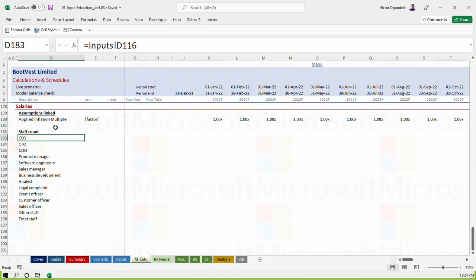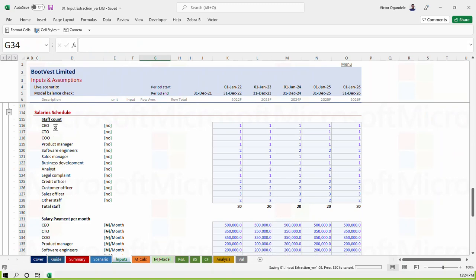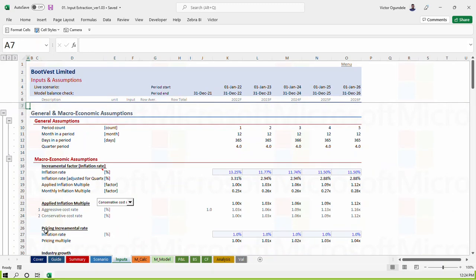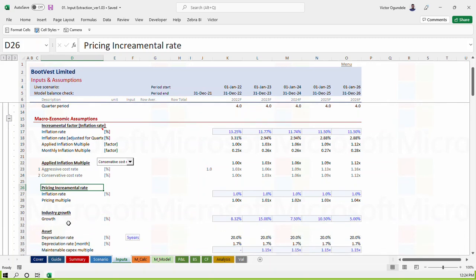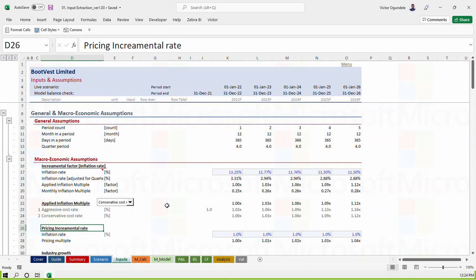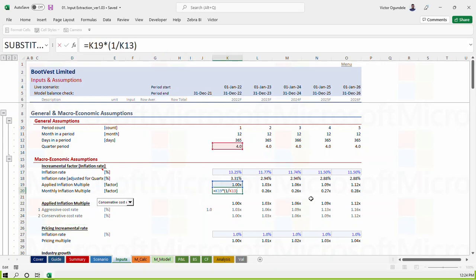Row 26 input should be changed to quarterly. Row 26 in the input. Okay. He meant to say 20. Yes, we're at 20, sorry. Okay. Thank you.